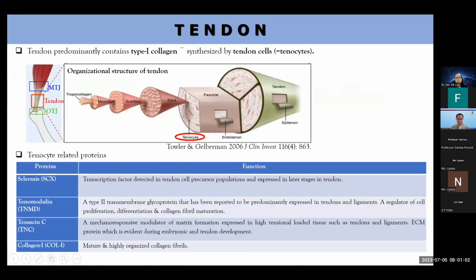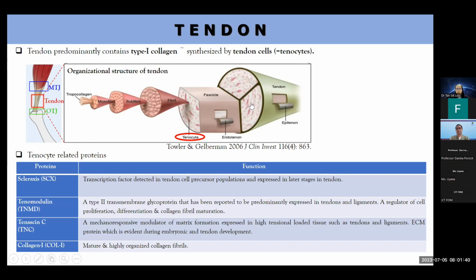First of all, let me give a brief introduction about what a tendon is. A tendon is a connective tissue that connects muscle to bone and allows our joints to move in various directions. This figure shows the hierarchical structure of the tendon tissue, from the smallest collagen molecule, which bundles into the macrofibril, subfibril, fibril, and the fascicles, and several fascicles bundle together to form the tendon tissue.